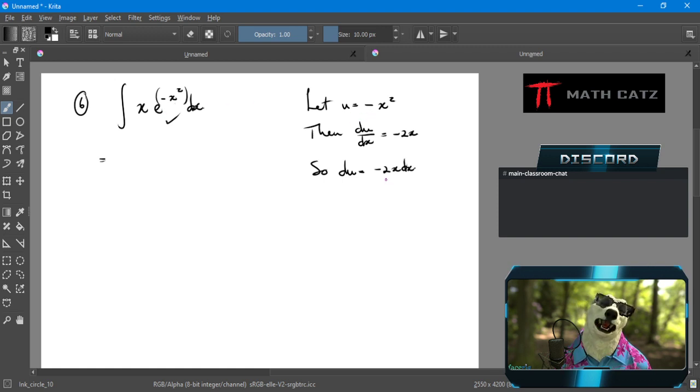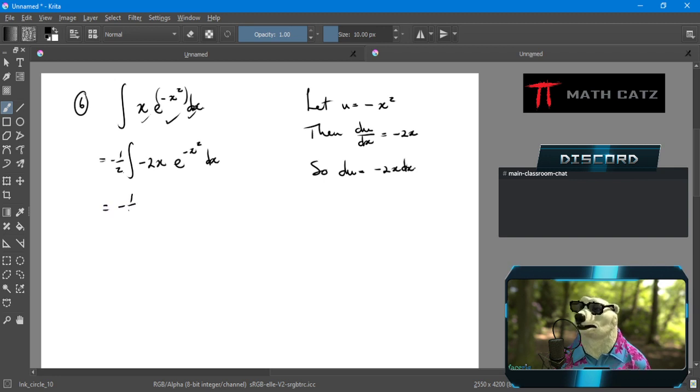The third line here says I need to see a negative 2, an x, and a dx. Then I can bring in a du. I see some of that. I see the x and the dx, but not a negative 2. So in order for me to bring in a negative 2 with the x, I can't just change that, then the equal sign isn't true anymore. I have to put a negative 1/2 in front to balance that out so I didn't change anything.